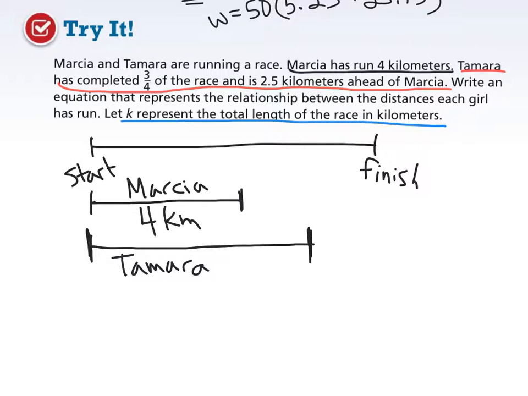Okay, so Tamara has completed 3/4 of the race and is 2.5 kilometers ahead of Marcia. So a couple of things here. One thing, Tamara's completed 3/4 of the race. K is the total length of the race, so we could say Tamara, even though it may not mean anything to you at this point, the distance she's gone is 3/4 times K, 3/4 of the total race.